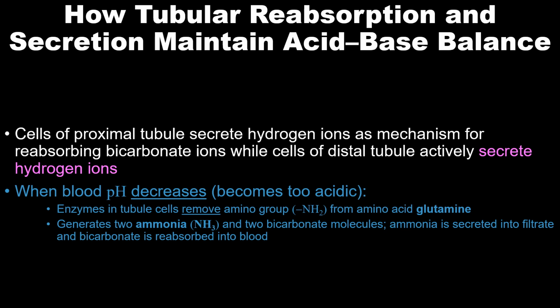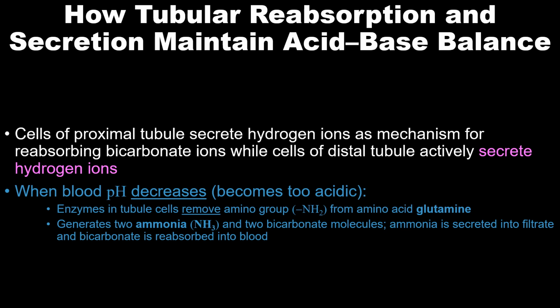Thus far, we've seen two examples of acid-base regulation in both the renal tubule and the collecting system. The cells of the proximal tubule secrete hydrogen as a way to reabsorb bicarbonate, and the principal and intercalated cells of the late distal tubule and the collecting system actively secrete hydrogen ions.